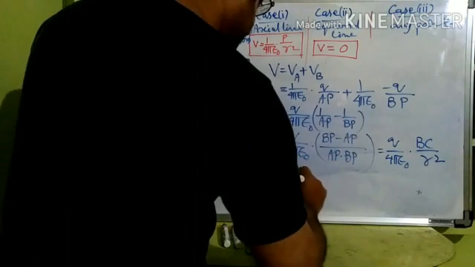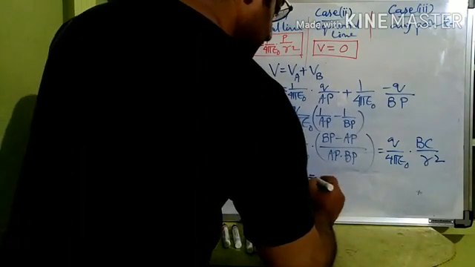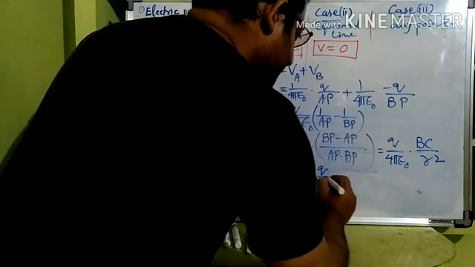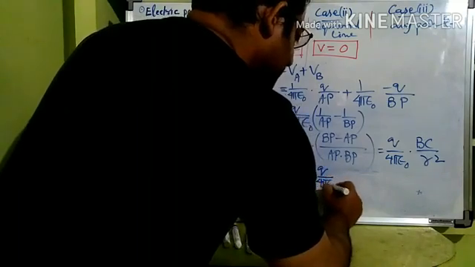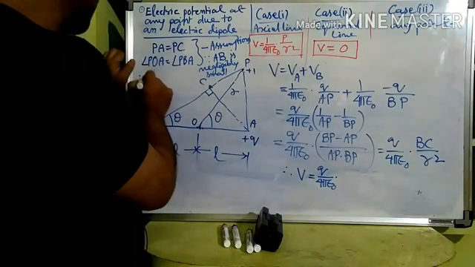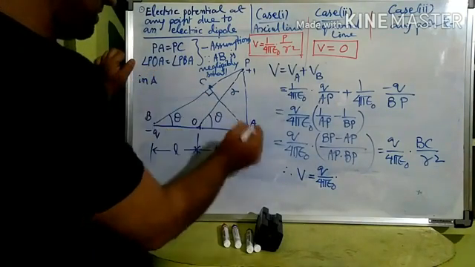So therefore V is equal to, how much did we get? Q by 4 pi epsilon naught. What is BC in triangle CBA?